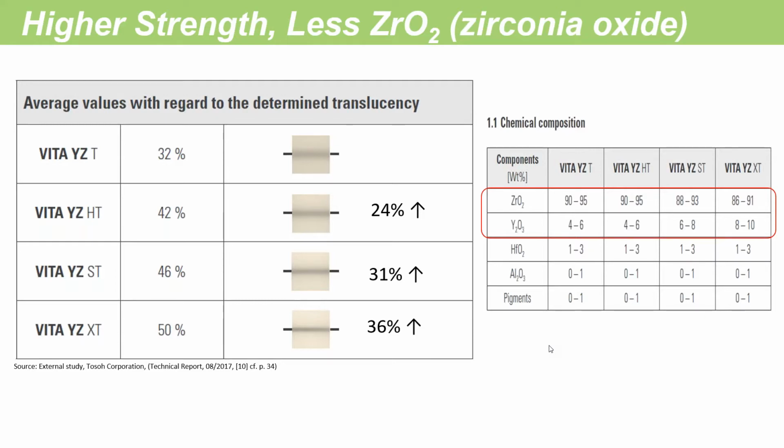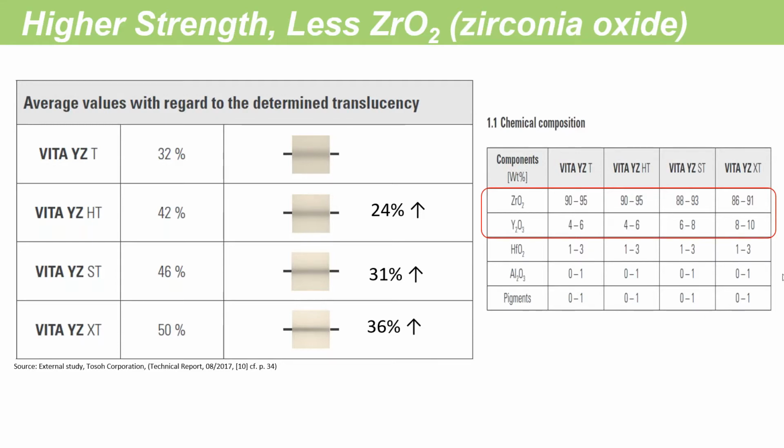Typically, zirconias are grouped into two categories: substructures or frameworks, and then monolithic or full contour. For ours, if you look at our T and our HT, both of those are considered substructure or framework zirconia. So it has very high strength, but you can see not very much translucency.